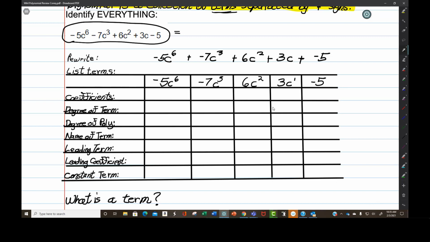And now I'm going to throw something at you you have not seen before, probably. And here it is. This negative 5 isn't really just sitting there by itself. It has something invisible next to it.